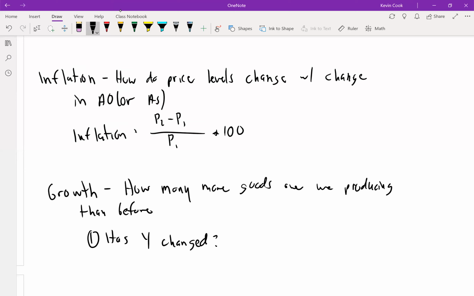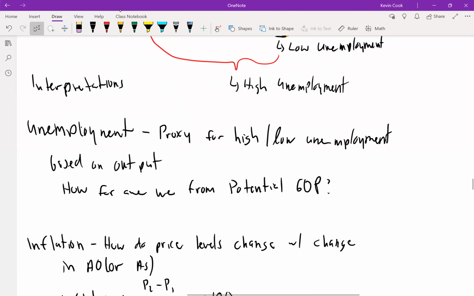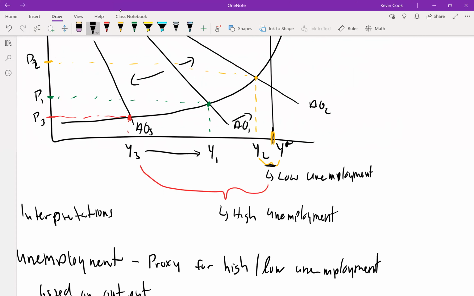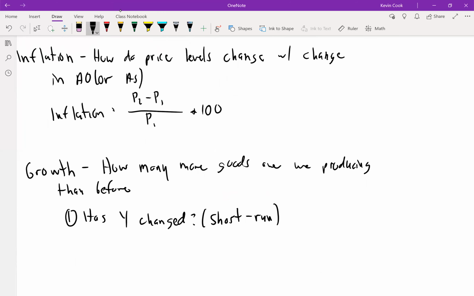And this is more of a short run type deal. So we're saying, am I producing more goods than I did last year? This first little bit of growth just looks at if I go from Y3 to Y1, this would be considered growth. If I go from Y1 to Y2, that would be growth as well. And we can tell our growth rate by taking the change in our productivity, or change in output, divided by the original output times 100, same thing as the price level.